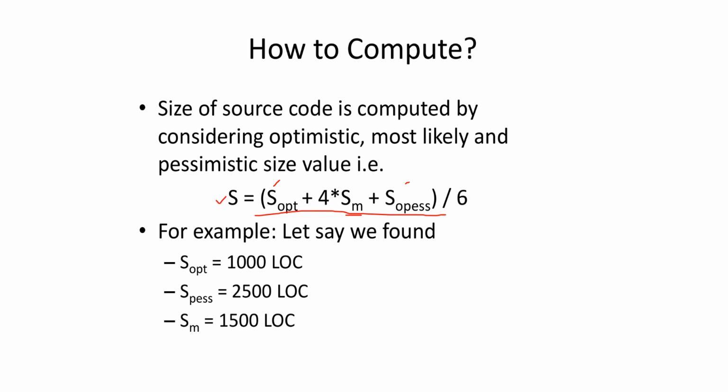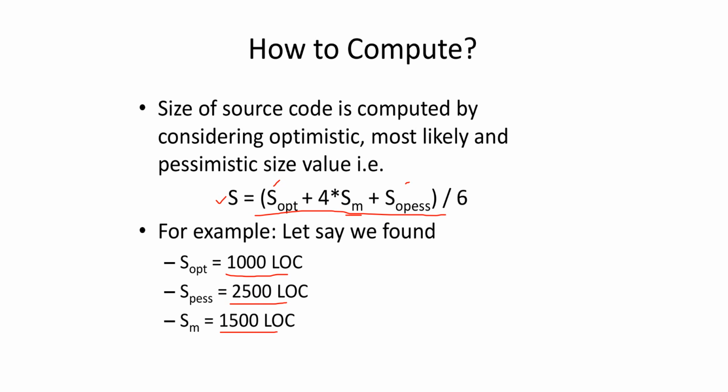Suppose the optimistic person who has actually worked gives us a value of 1000 LOC for a particular problem, and the pessimistic person who hasn't worked on such a problem gives us a value of 2500 LOC, and the most likely gives you 1500.